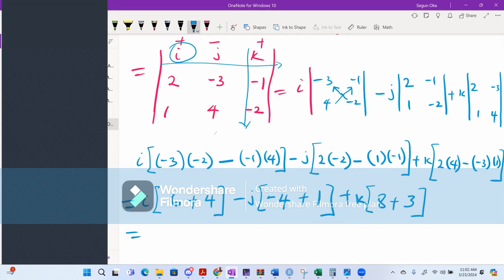So we can say 4 plus 6, 10I. Minus J, if you solve this one, you have minus 3, so minus 3J plus 11K. Are we together? This is your final answer for A cross B.